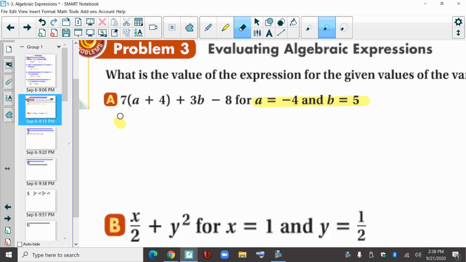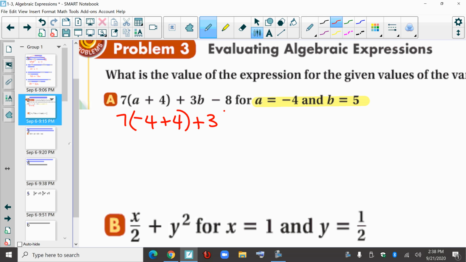That's going to give me 7 parenthesis a is -4 plus 4. B is going to be 5 minus 8. So -4 plus 4 is 0. 3 times 5 is 15. 0 times anything goes away, and I have 15 take away 8, which is 7.